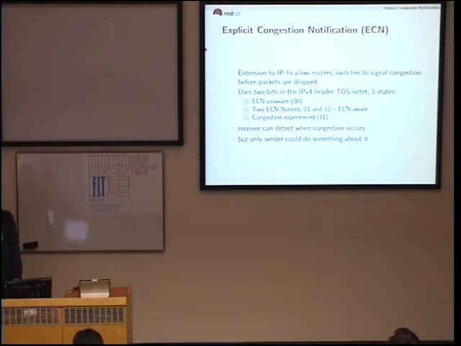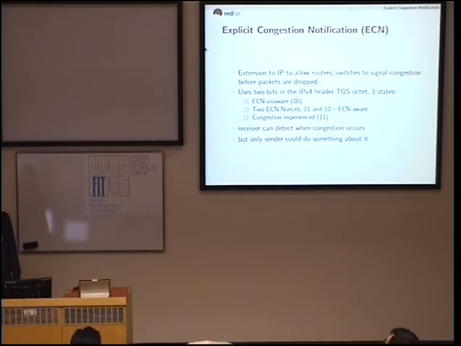The good thing about this is that we have a clear marker that tells us congestion is imminent, and we won't have the ambiguity that packet loss has, because packet loss can be anything and not just congestion related. But one of the problems is, of course, that a sender can do something about it, but not a receiver. So we are only halfway there at the moment.